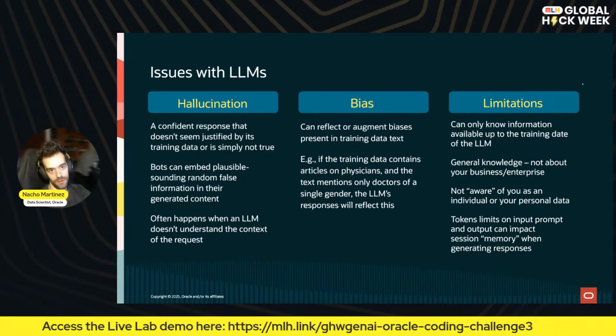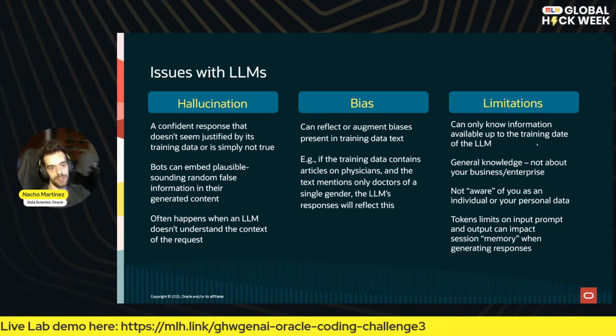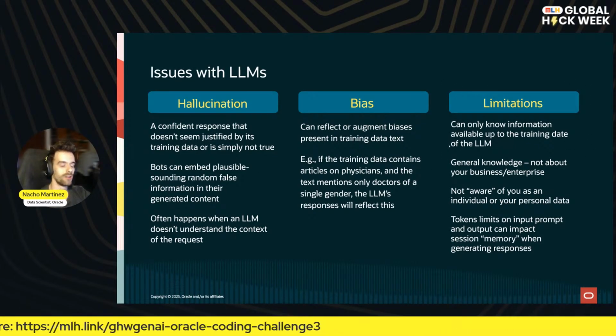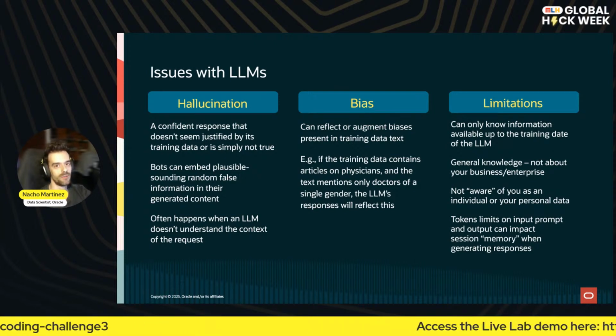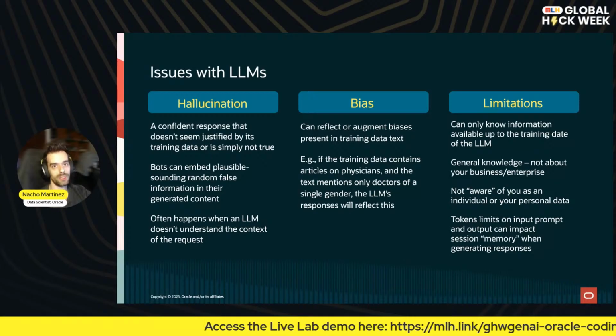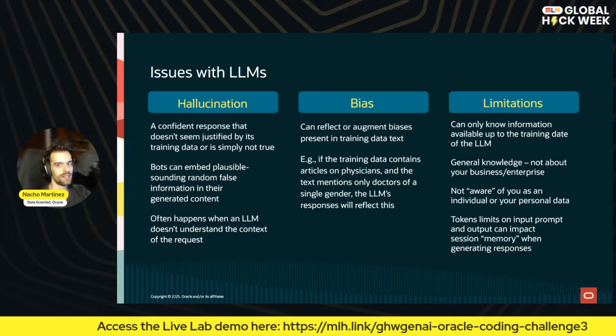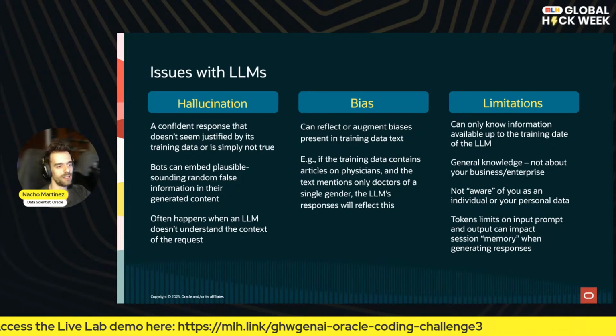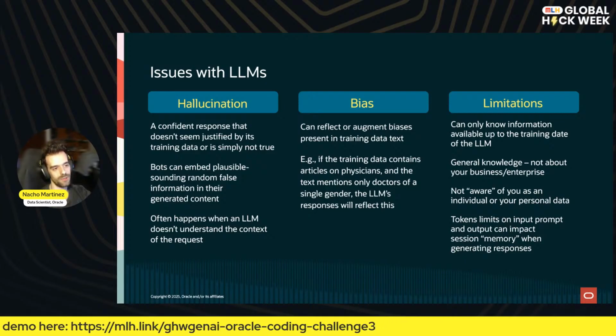Like, for example, when you train a large language model, it takes a long time to train, and it has a training cutoff date for your training data, right? Imagine if you are using data up to April 2024, nothing that happens after that is going to be known by the LLM, so you will not be able to get answers from it.